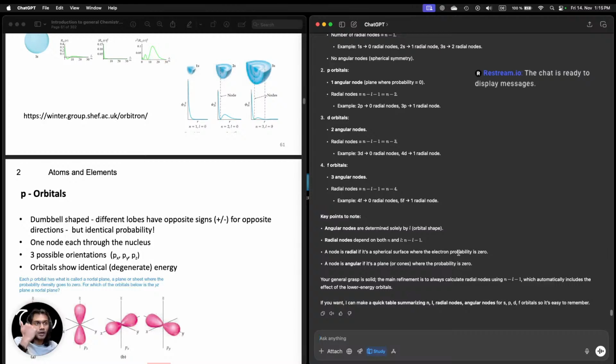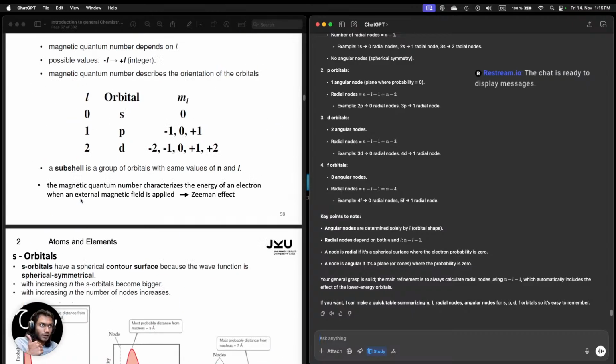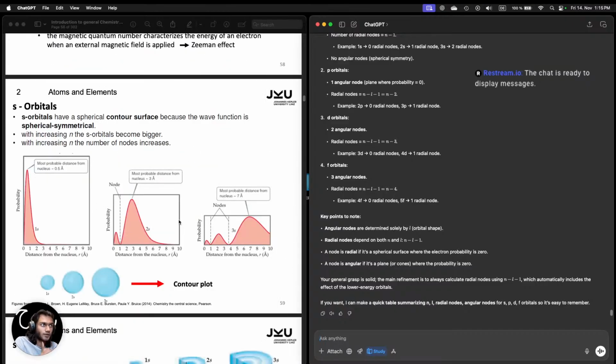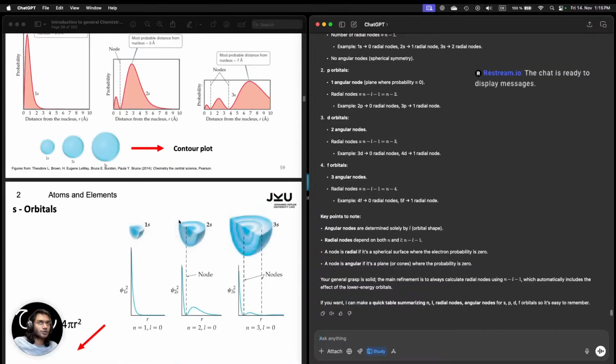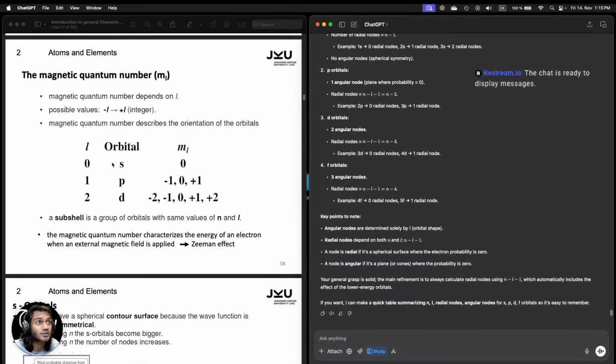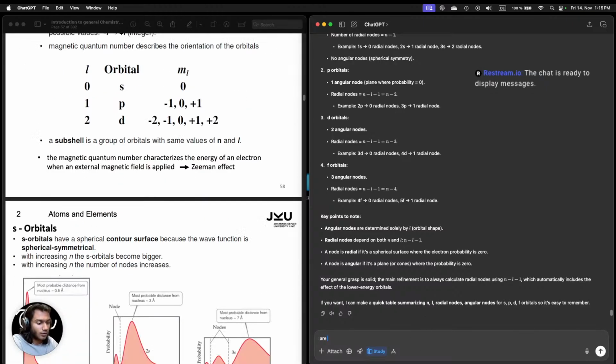The angular nodes depend mainly on L, the angular momentum quantum number. So angular nodes depend on the subshells. Are orbitals and subshells the same thing?